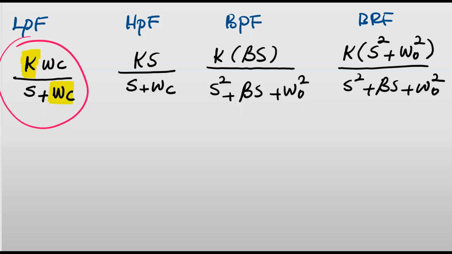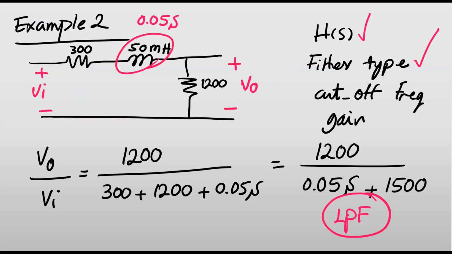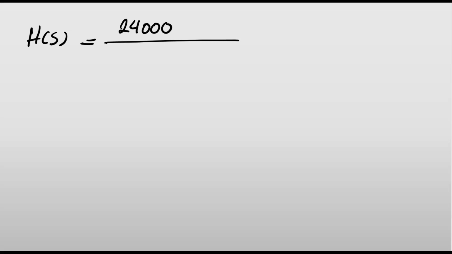So let's see how I can do that. I need to get rid of the coefficient of s, so I have to multiply everything by 20. So if I multiply everything by 20, I'm going to have H of s equal to 24,000 in the numerator and s plus 30,000 in the denominator.